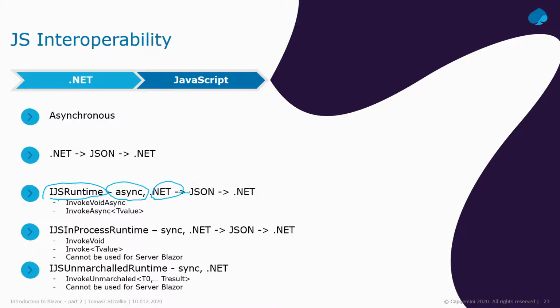Those will be serialized to JSON, and after JavaScript returns some value, that value from the JSON object will be deserialized to a .NET object one more time. So as we can see, we can avoid the asynchronous call by using the in-process runtime interface, and the same goes for the serialization cycle: we can just use the unmarshalled runtime.